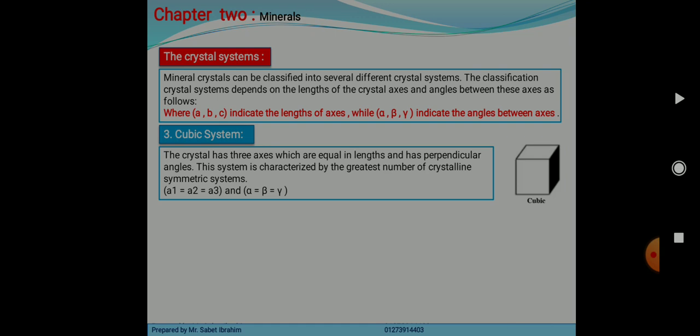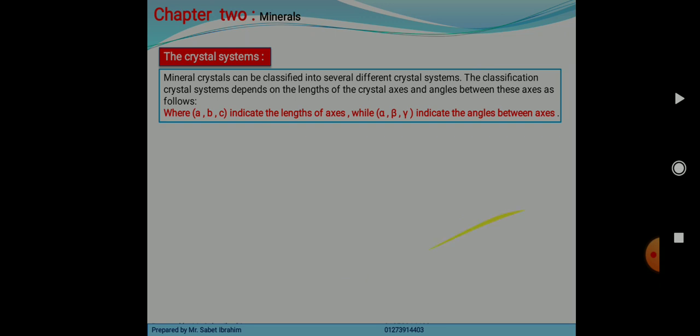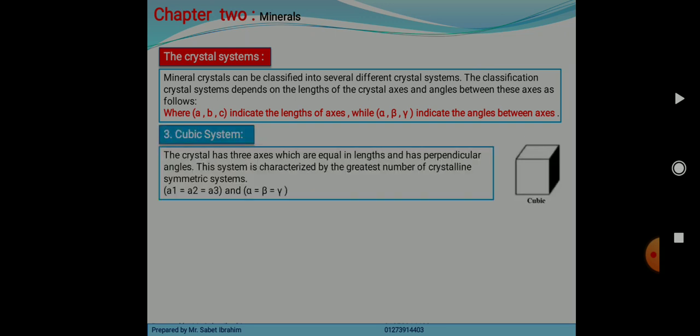In the cubic system, A1 equals A2 equals A3, the same way alpha equals beta equals gamma.